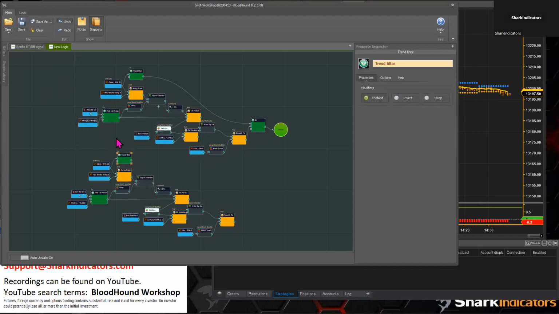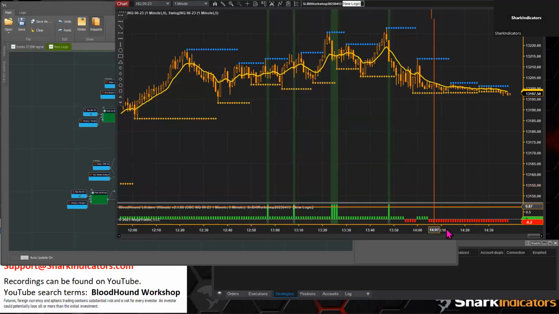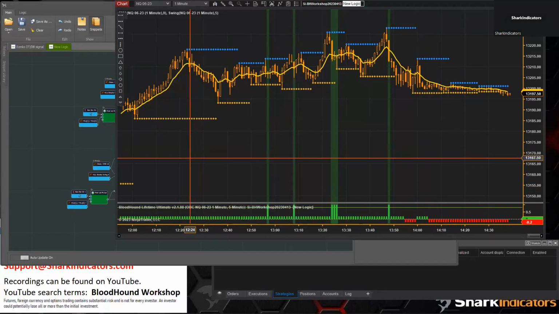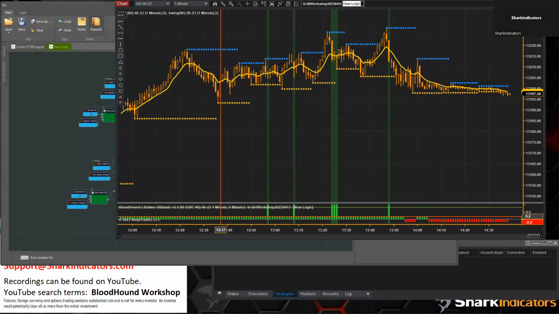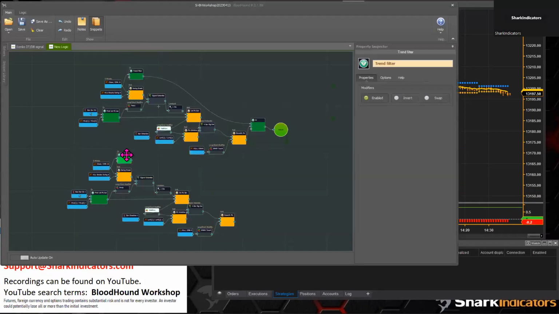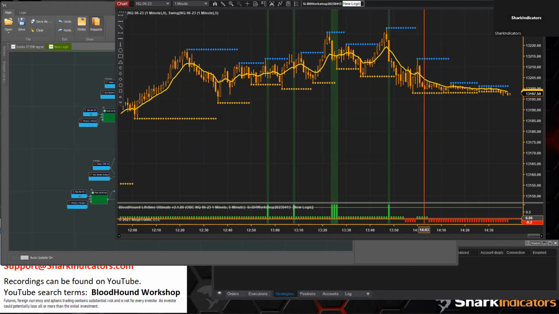Let me undo there. I could have left that there, but I can't look at both of them at the same time, because you're just going to get a hot mess at the output. At the output, you wouldn't be able to tell which trend filter is which. It's all just going to step on top of each other.